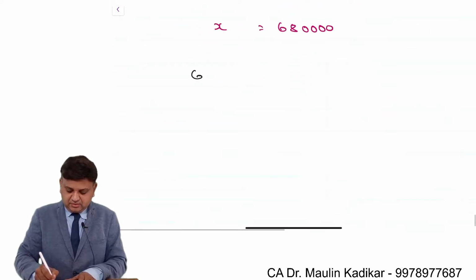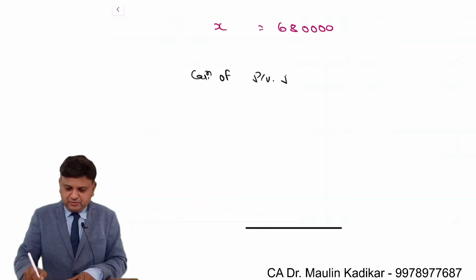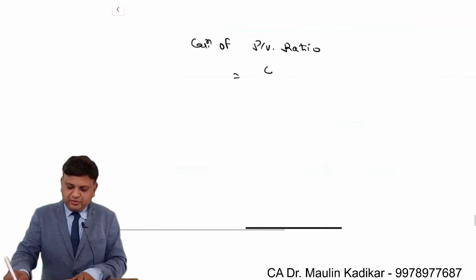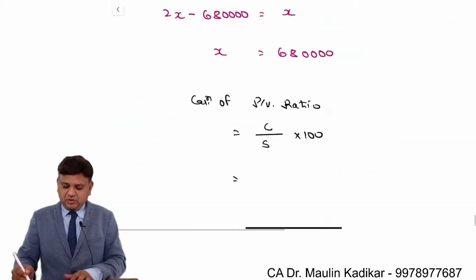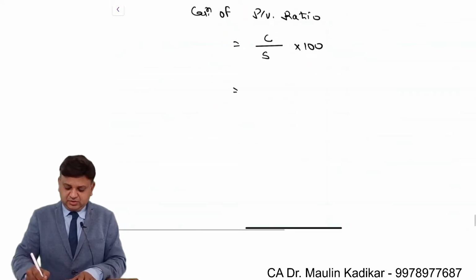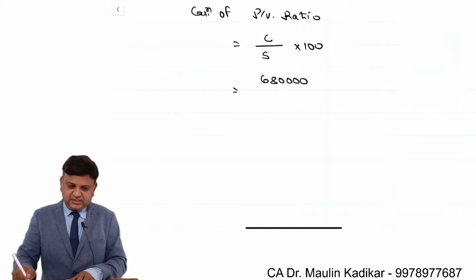Next is calculation of profit volume ratio. It will be contribution upon sales into 100. What is the contribution? 6,80,000. What is the sales value?